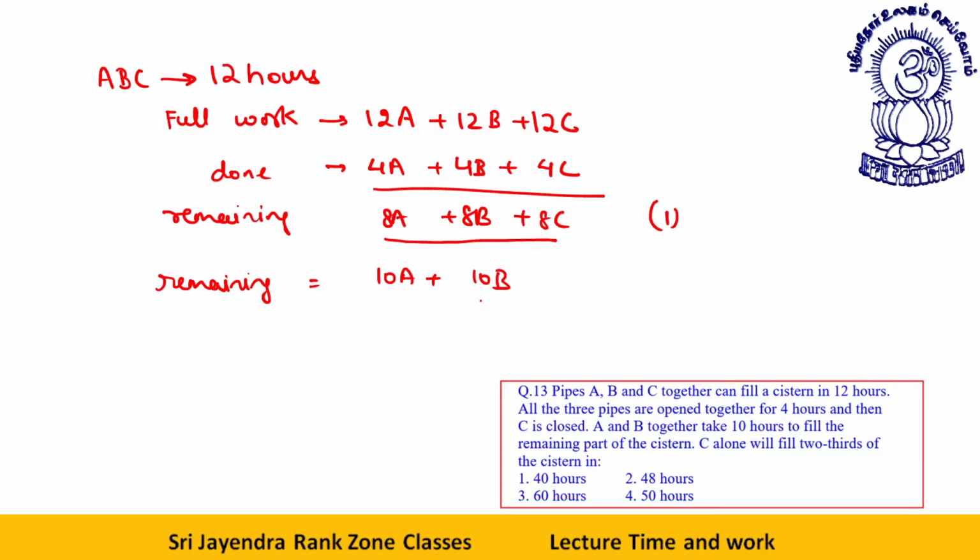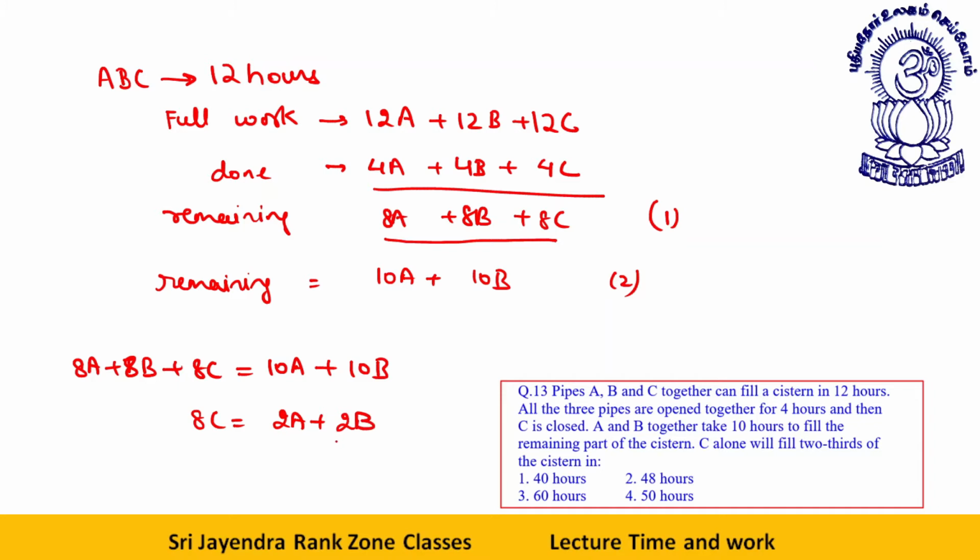This remaining is 10A plus 10B. If I equate both of these, what do I get? 8A plus 8B plus 8C is equal to 10A plus 10B. Or I can say 8C is equal to 2A plus 2B.